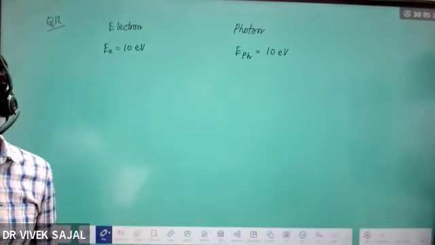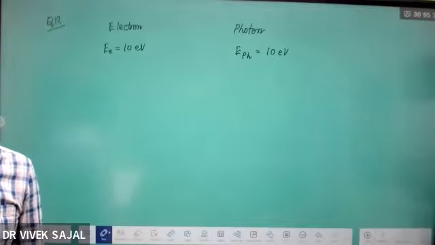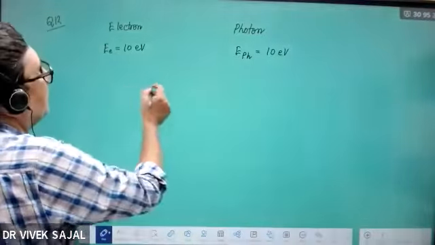If lambda and p represent wavelength and momentum, then what will be the relation? You have to find out the correlation between their wavelengths as well as their momentum. So what will be lambda photon?